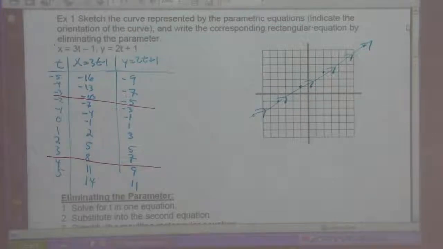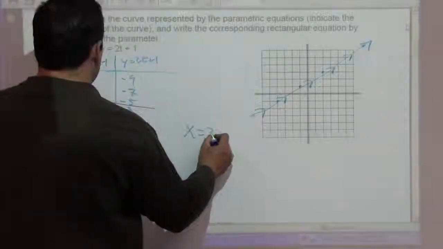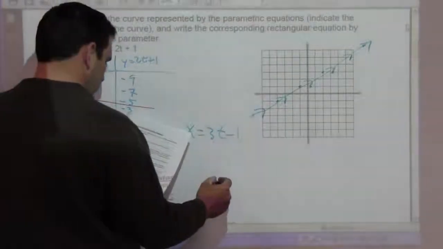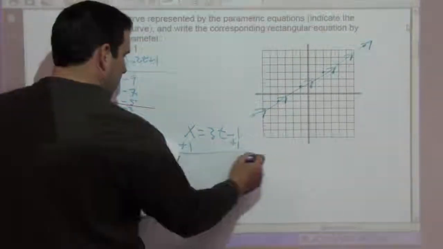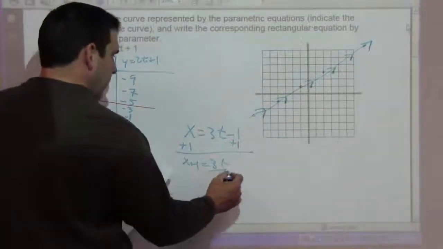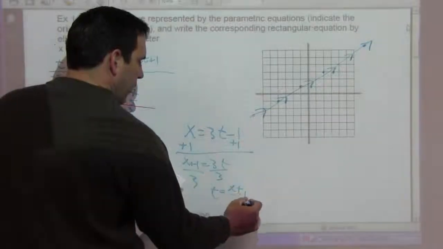Now the next part of this set, you eliminate the parameter. So if we have x equals 3t minus 1, if we add 1 to both sides, x plus 1 equals 3t. If we divide by 3, t would be x plus 1 over 3.